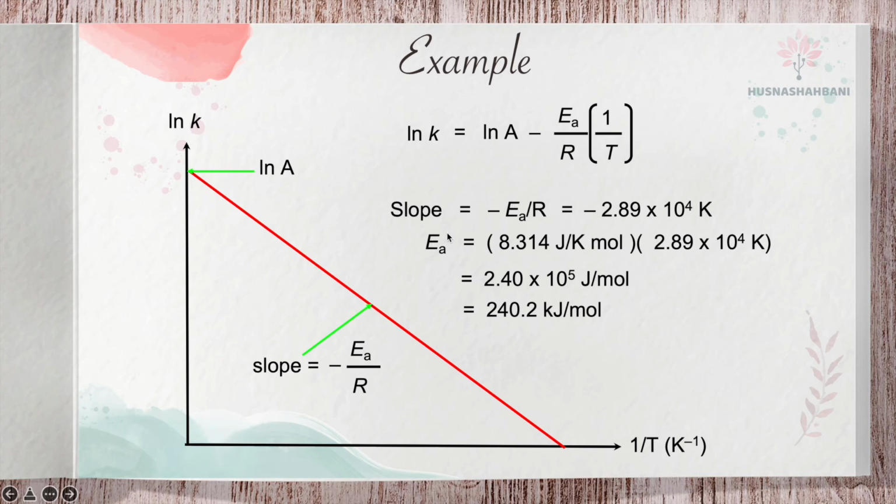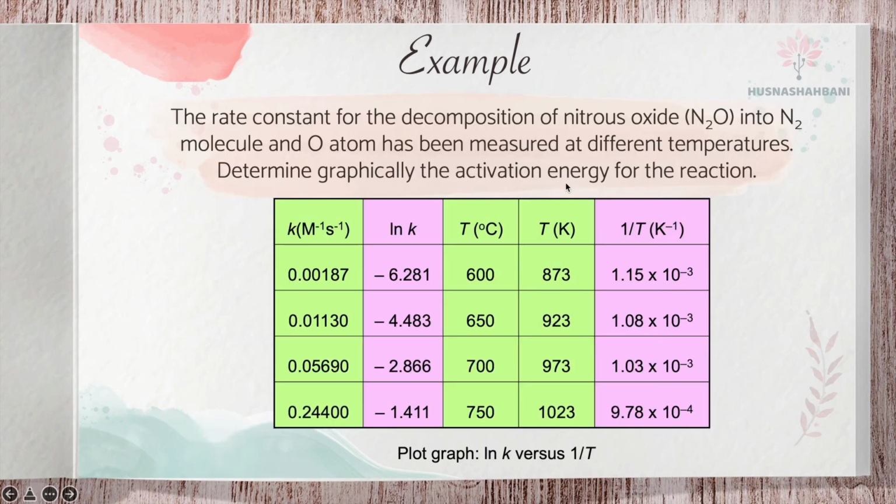Substitute R here and we need to find the activation energy. Solve this equation and you will get 2.4 times 10 to the power of 5 joule per mole, and you can change it to kilojoule per mole. That is the activation energy.